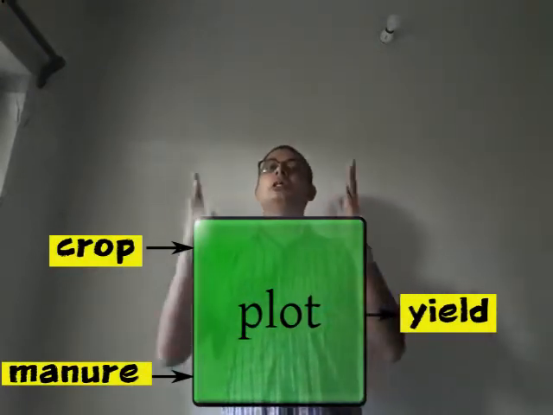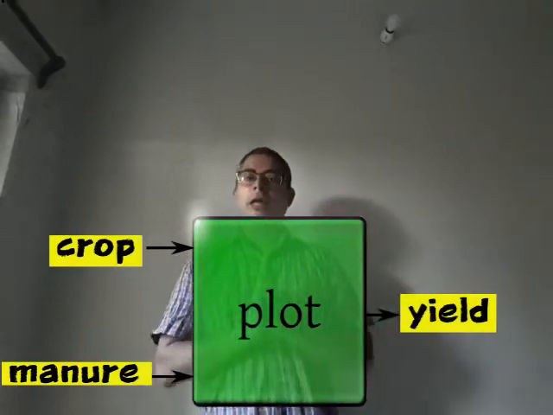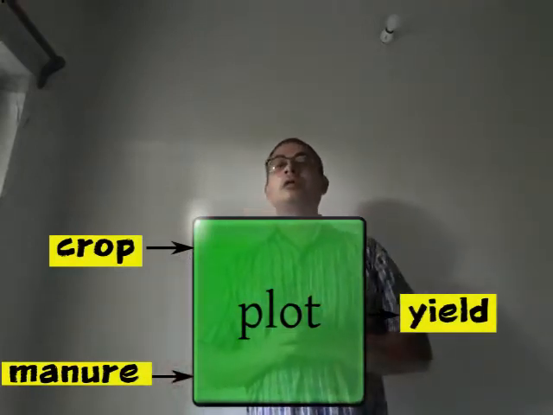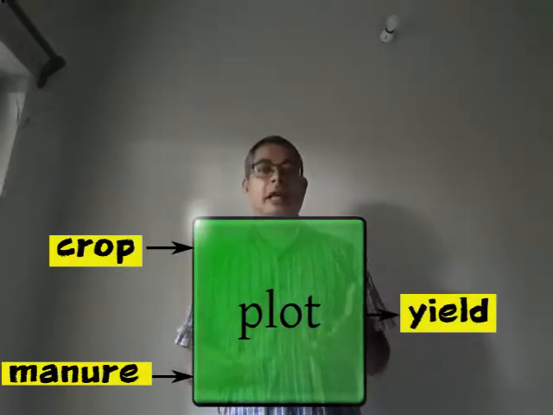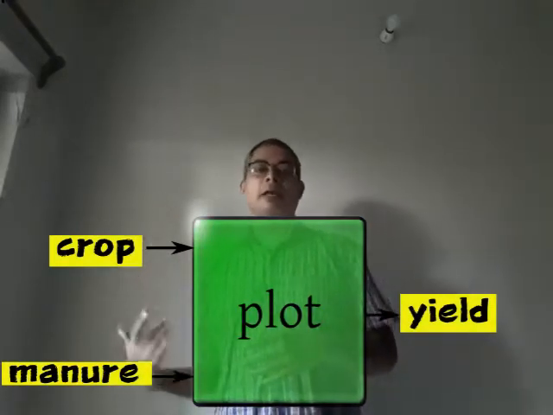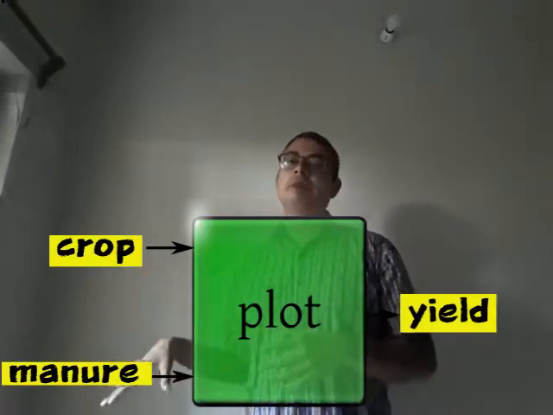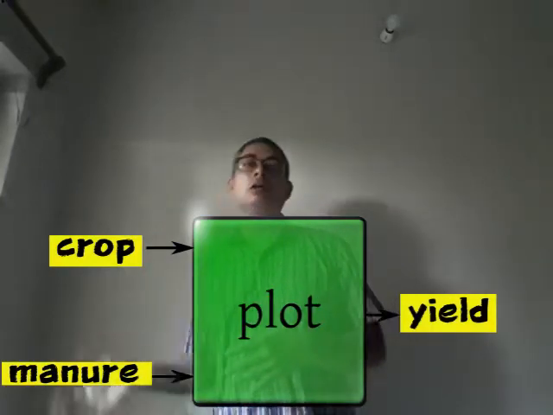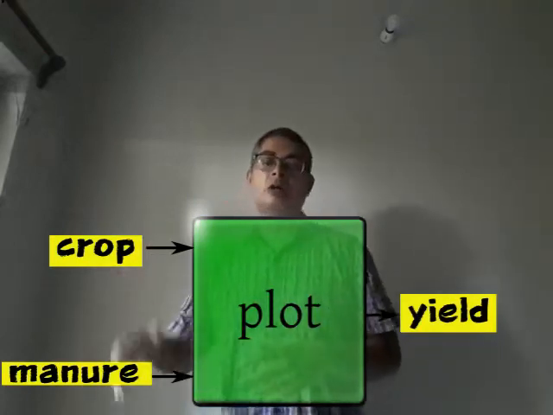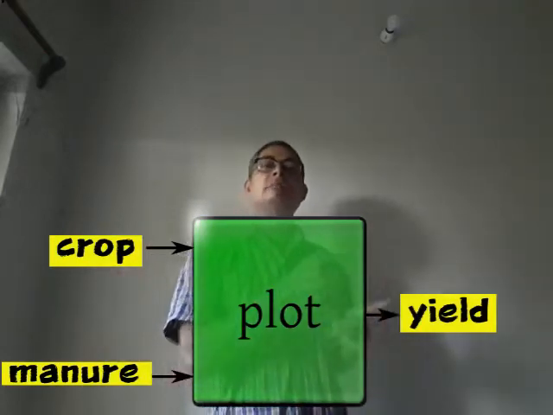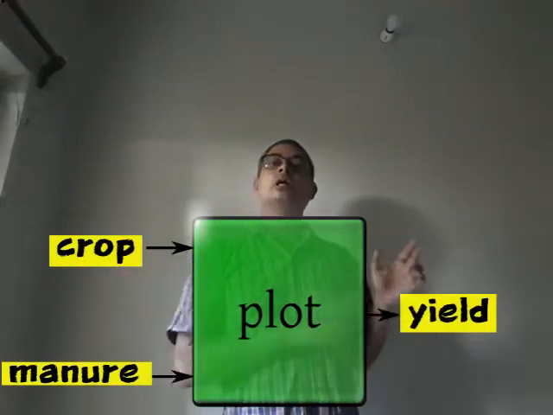So again you are treating this as a black box, and you are trying to understand how this particular plot behaves in terms of crop and manure, which manure is good, which is bad, or whether manure has an effect or not, or if some manure is good for some crop and bad for some other crop, and you are assessing all these things by looking at the output, the yield.